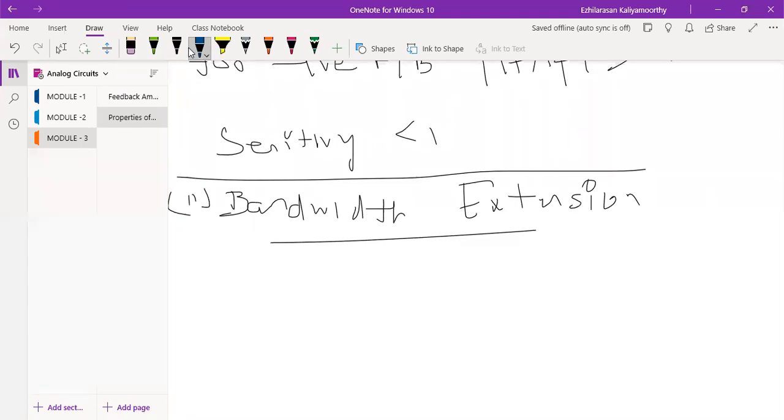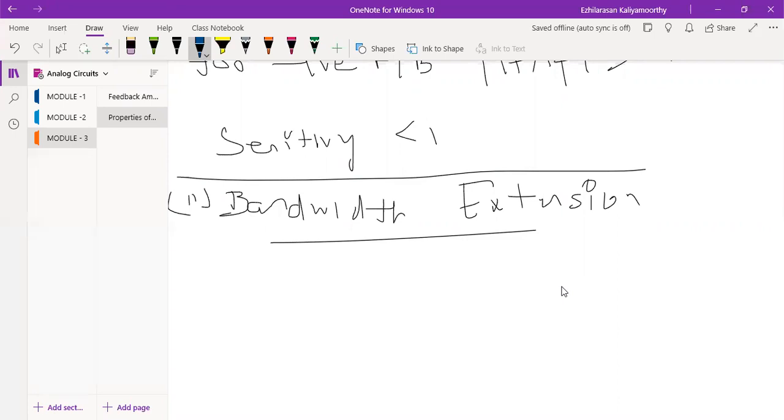Now you need to consider an amplifier whose high frequency response is characterized by a single pole. Just remember in the previous day we studied the high frequency response and low frequency response. For high frequency we got only one pole, but for low frequency we got three poles, like three cutoff frequencies.